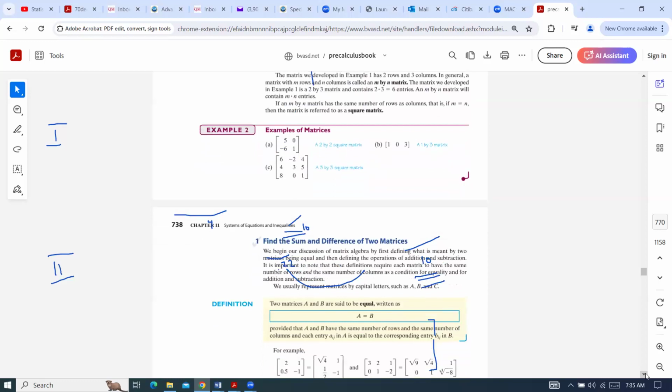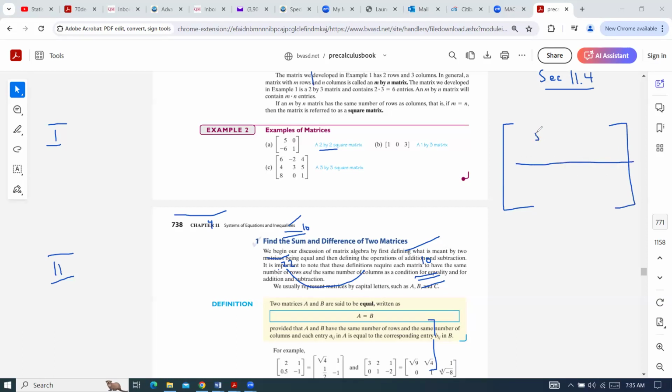And there are various examples of these matrices that section 4 of chapter 11 provides us with. So section 11.4 has matrices of various sizes. Here they say it's size 2 by 2. The way we treat those sizes, we have 2 rows.